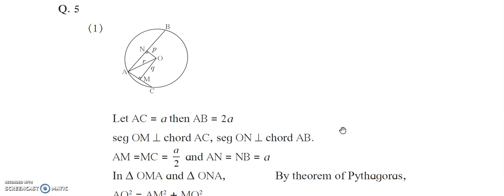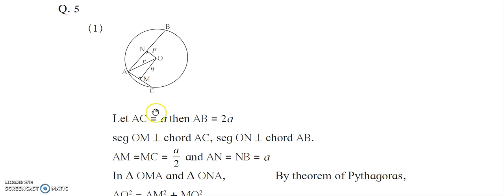Let us revise once again. AC and AB are two chords at distances q and p from the center. The length of AC is small a, the length of AB is 2a. Draw their perpendiculars. Then you will get the triangle OMA.